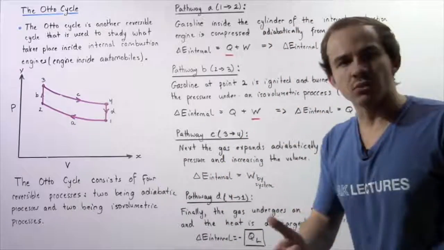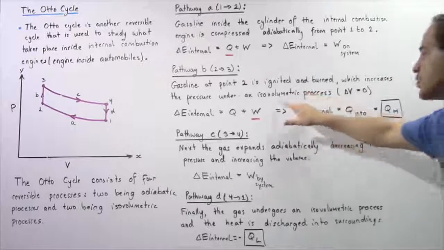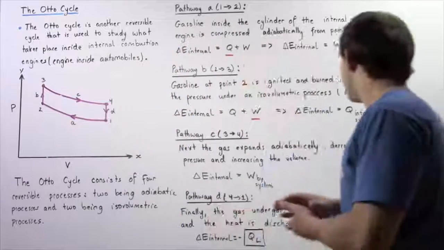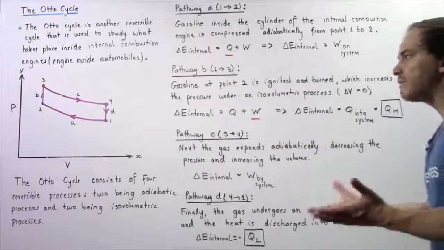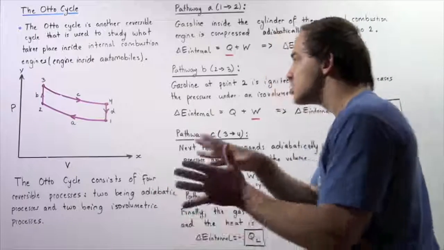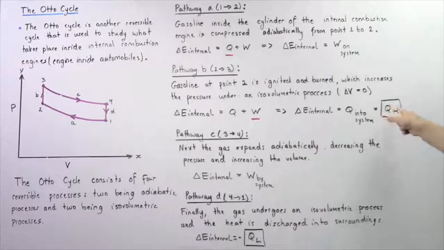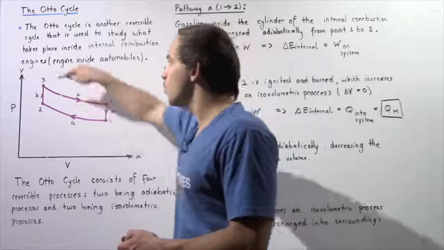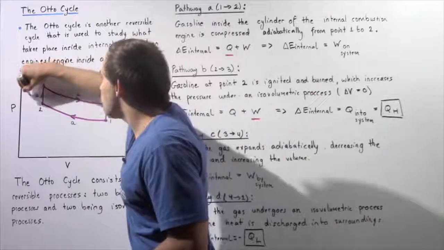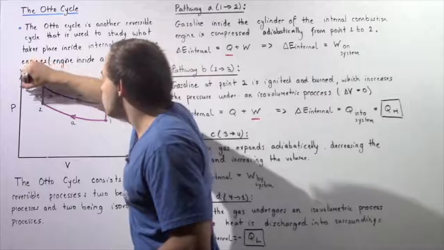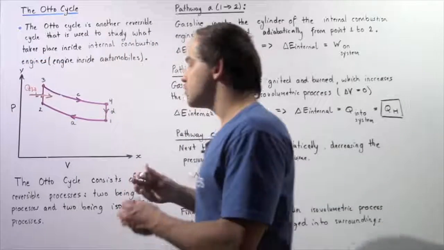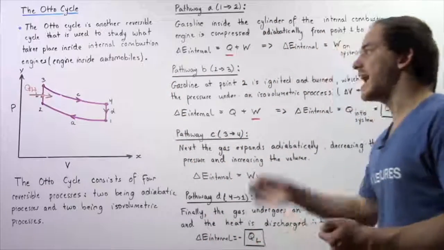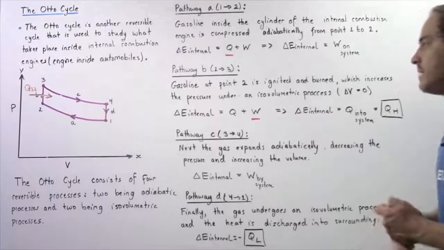So W is 0, and that implies the change in internal energy during pathway B, as we go from point 2 to point 3, is equal to the heat that flows into our system. This quantity is usually given by QH. So basically, as we go from position 2 to position 3, QH amount of heat flows into our system. Our pressure increases, the volume remains constant, and no work is done during pathway B.